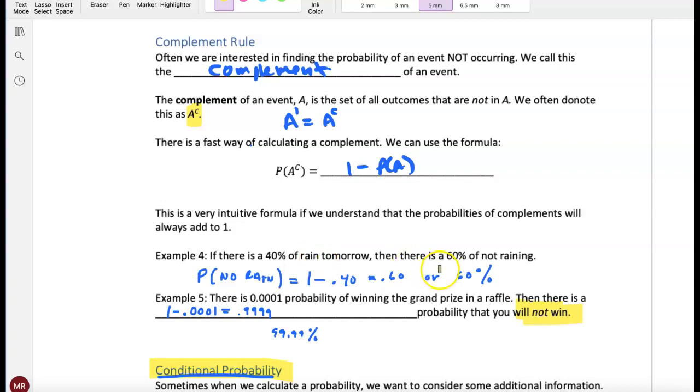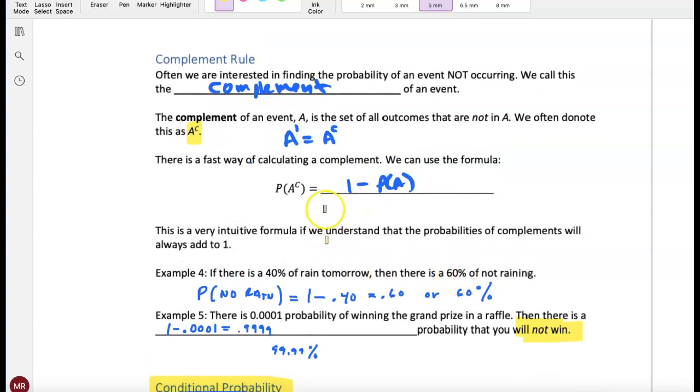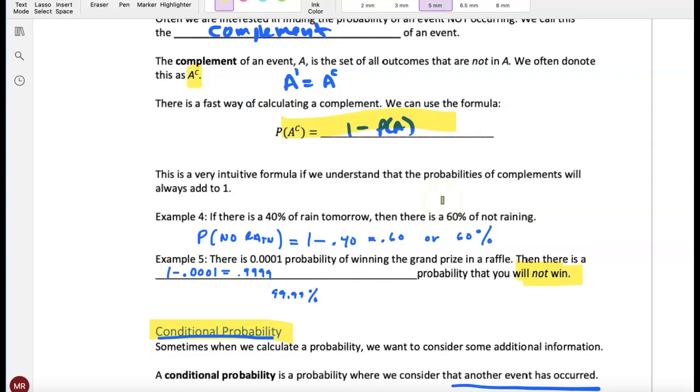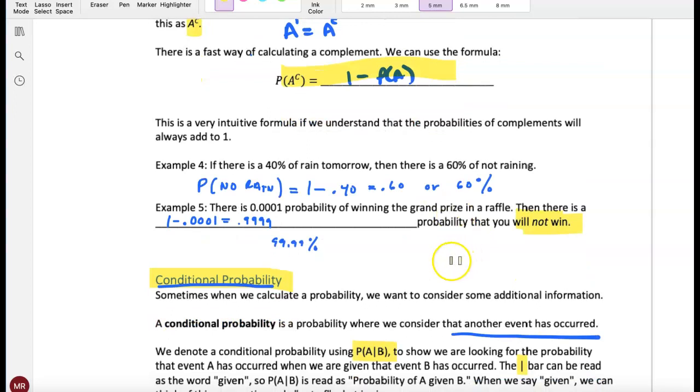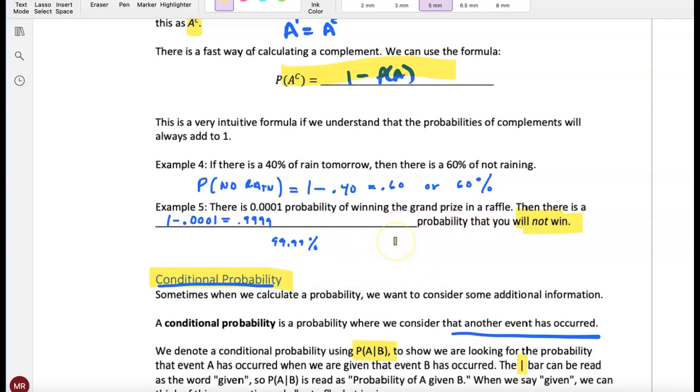When you have binary options, two options, it's always 1 minus that, and that's what the formula says. We solve probability problems many times using the complement because it's easier to calculate just by doing 1 minus, than actually trying to do a calculation.